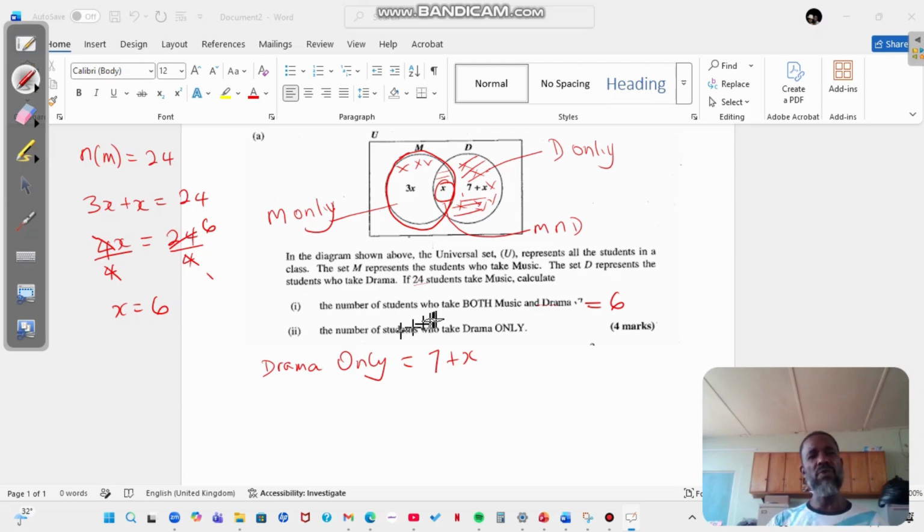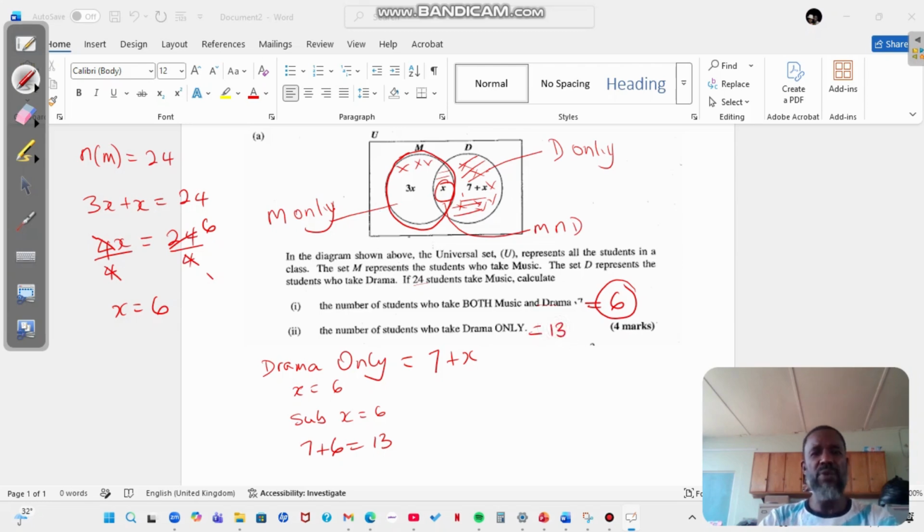In the first question we worked out x to be equal to 6, so if we substitute x equals 6 into 7 plus x, we get 7 plus 6, which is equal to 13. So 13 students do drama only.